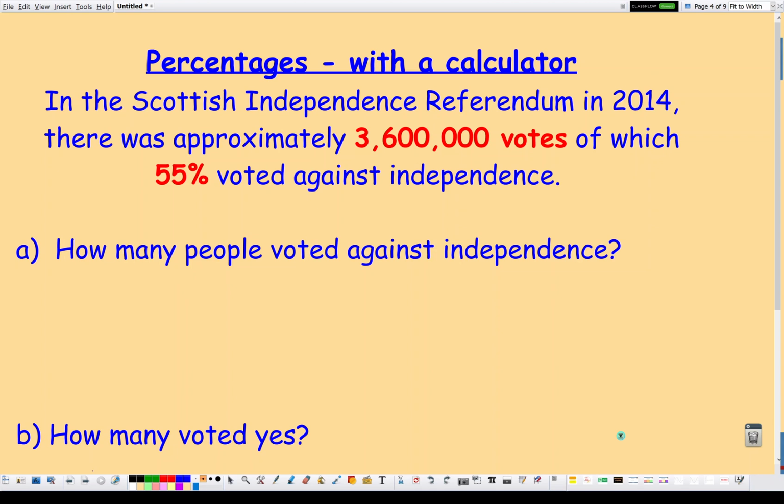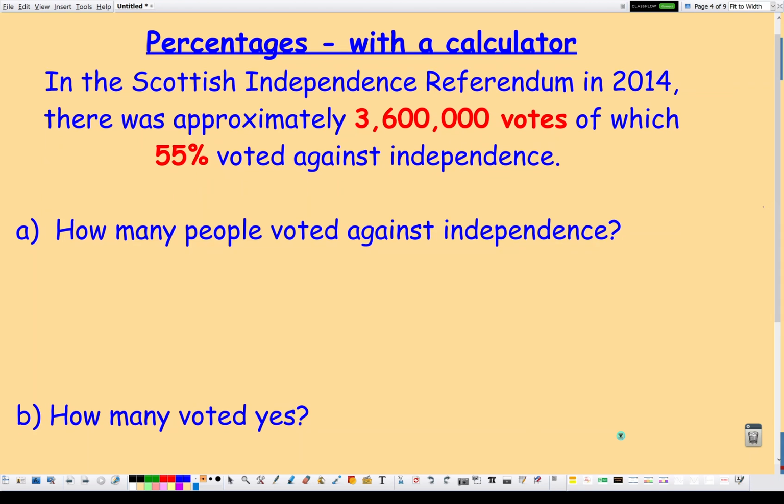So 55%, change it to a decimal, multiply it by the number, what's the value? So we've got an answer. Let's see it.